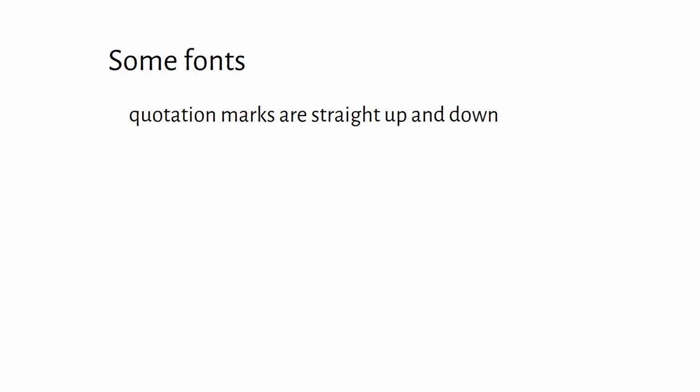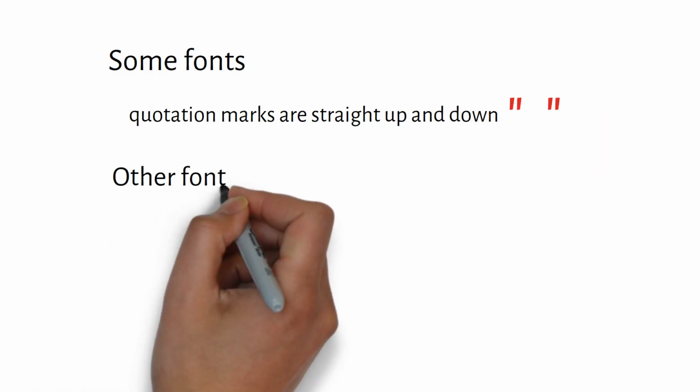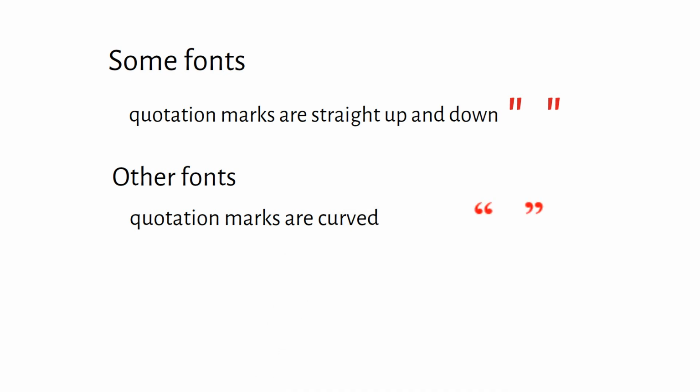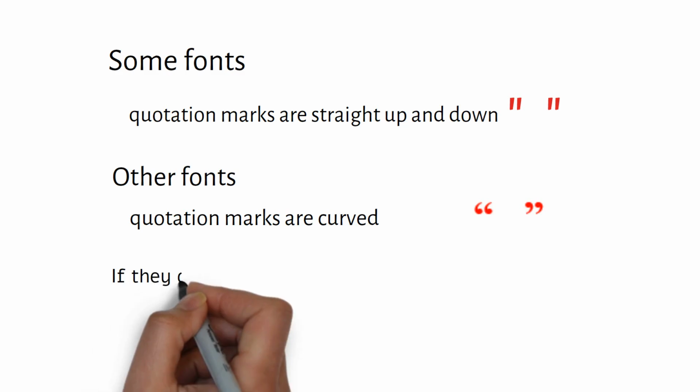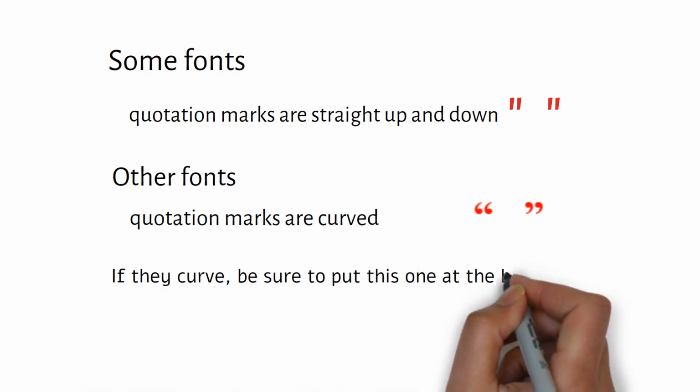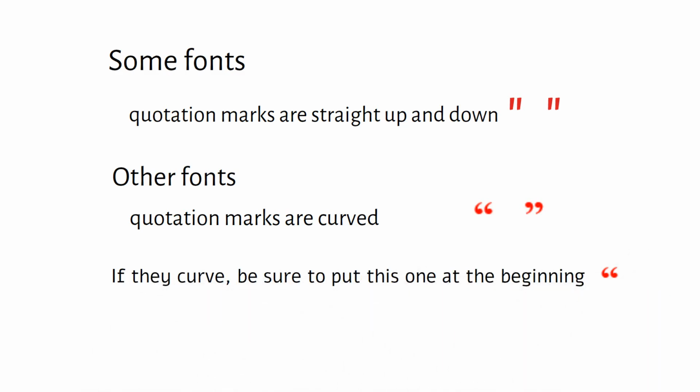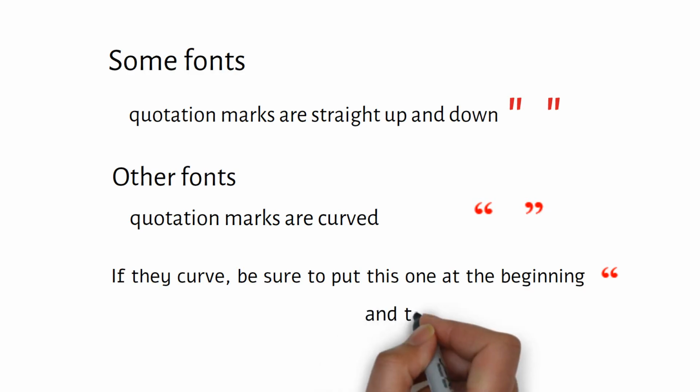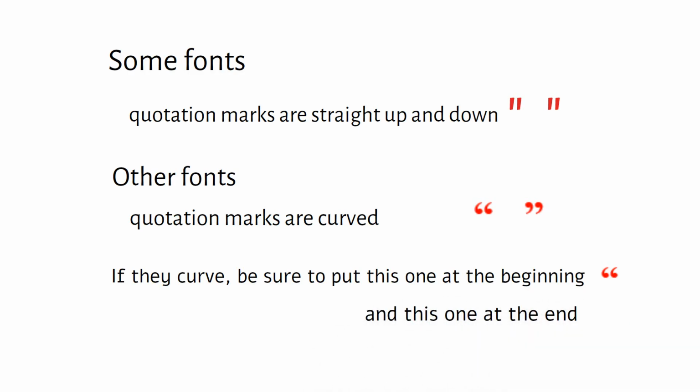Note that in some fonts, the quotation marks are straight up and down. In others, they are curved, and the beginning and end quotation marks curve in opposite directions. If they curve, be sure to put this one at the beginning of the quote and this one at the end.